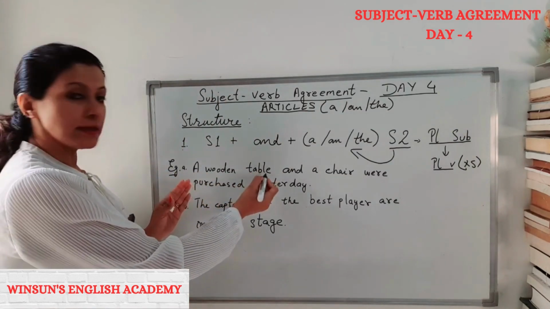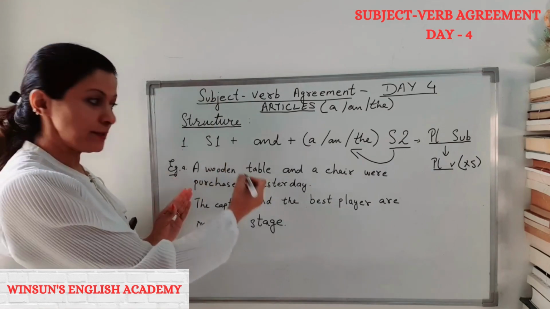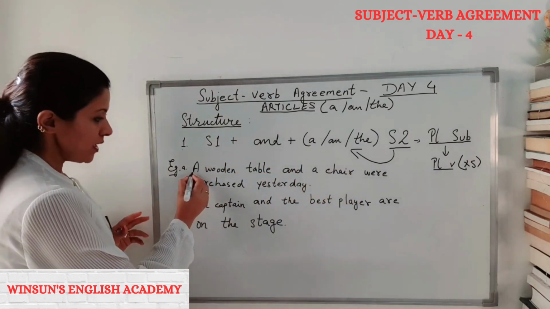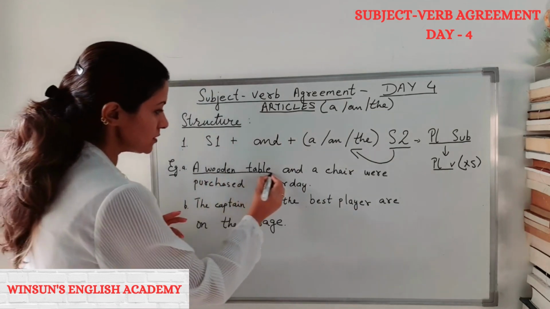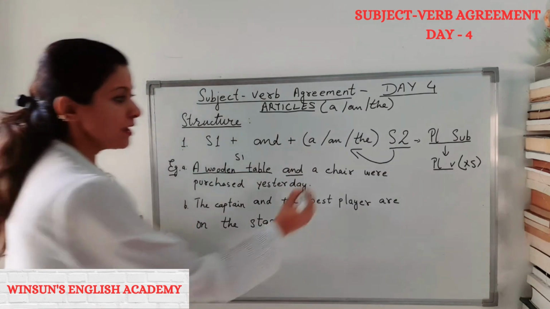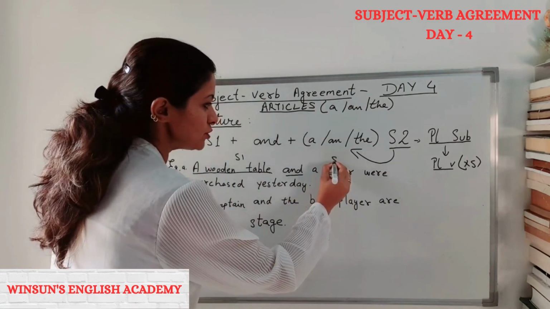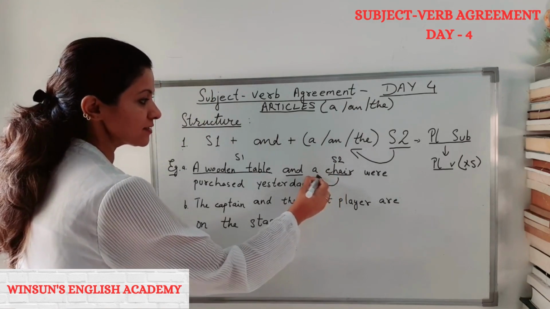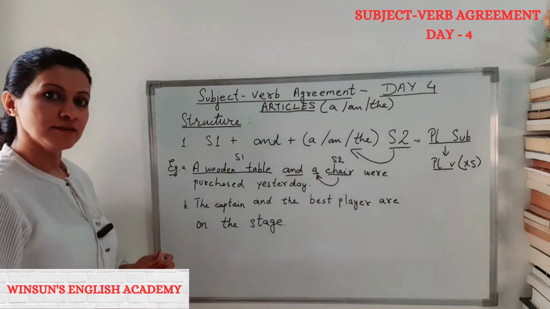A wooden table and a chair. Now we have our subject 1 here, then we have and, then we have our subject 2. The subject 2 has an article and that is a.